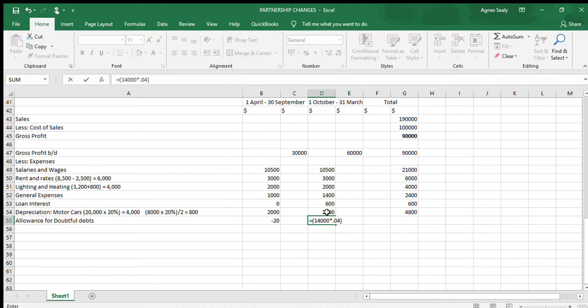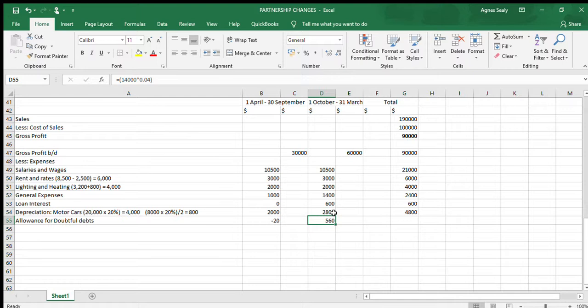And remember that the allowance that we calculated up to the end of September was $480.